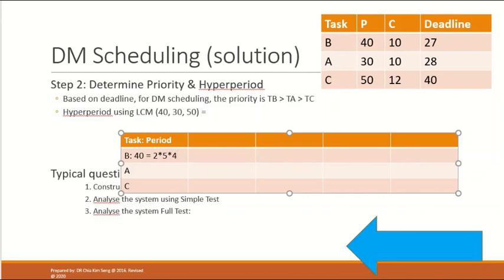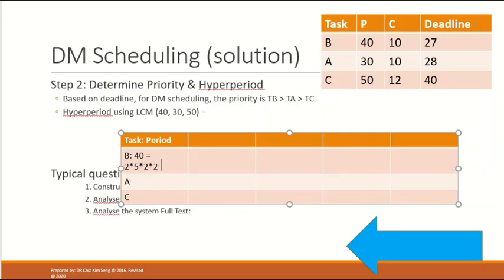But 4 is not yet the least multiplier, so 4 actually equals 2 multiplied by 2. So for the least multipliers, we have 2 and 5. For 2, we have 2 to the power 3, and for 5, we have 5 to the power 1. We can have these multipliers to get 40. So you settle the first one.